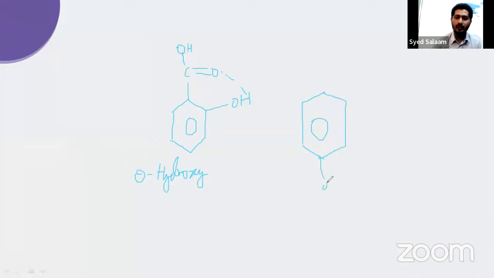If the hydroxyl group is at the para position, it won't show much effect. It also has COOH here. This is para-hydroxybenzoic acid, and this is ortho-hydroxybenzoic acid.